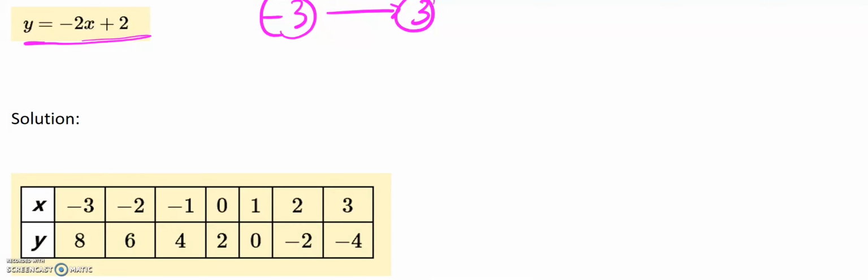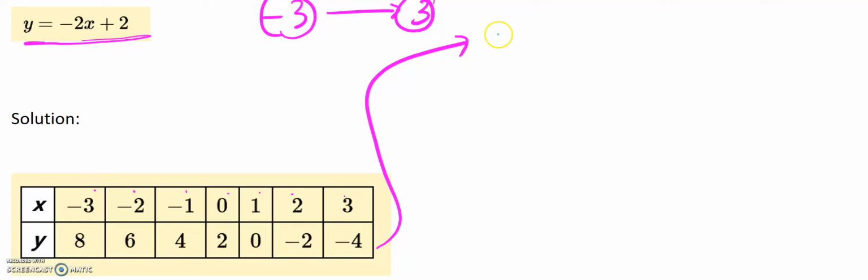Now, how do we get these y values? We get these y values by taking each of these individual x values and substituting it in the equation that's given. So I'll do a couple for you. Okay, so let's do one.